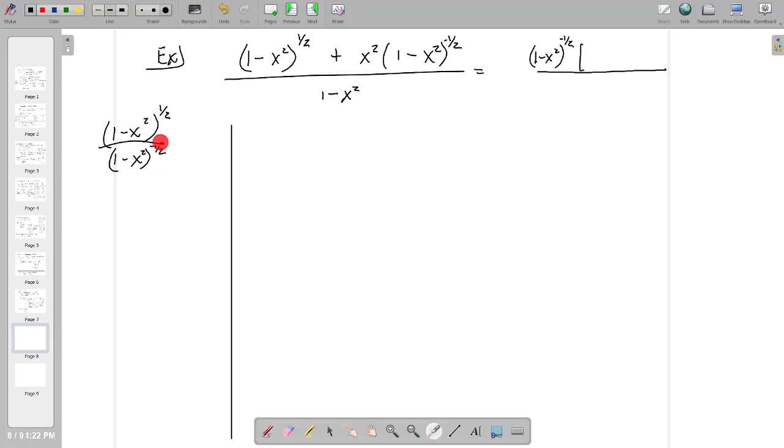Now remember, when you have the same base, and we do have the same base, you subtract exponents when you divide. So 1/2 minus a negative 1/2 is a positive 1. So in this first term, we end up with 1 minus x squared. And in the second term, we just have x squared.